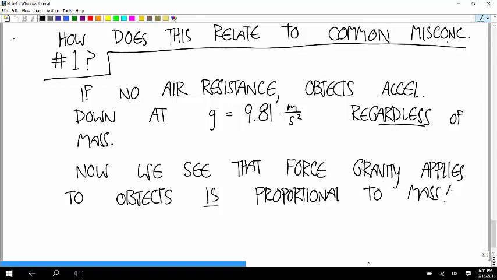that's exactly right. So the way this works is, since mass is resistance to acceleration, if you had a bowling ball and a feather and you wanted them both to accelerate 9.81 meters per second squared, you'd have to apply a bigger force to the bowling ball. It has more resistance to acceleration.